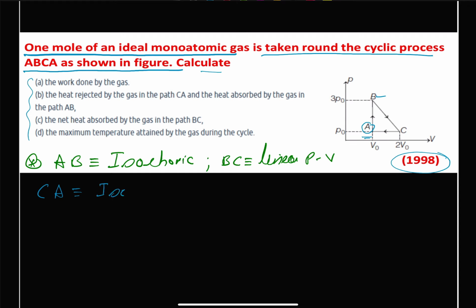So first of all, let's find out part A, that is work done by the gas. Basically this is a cyclic process, so we can directly use the formula that the work done by the gas is the area enclosed by the cycle in a PV diagram.